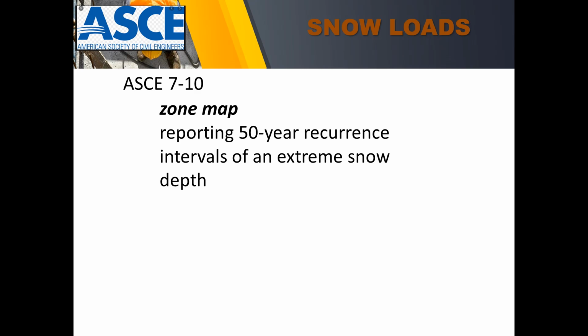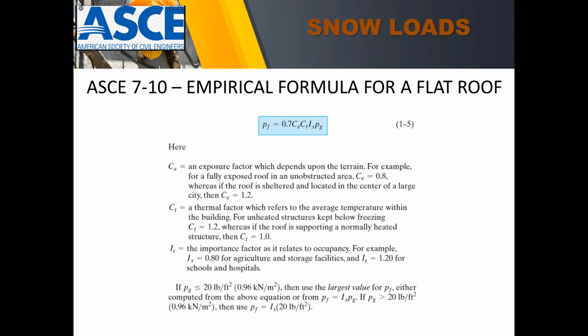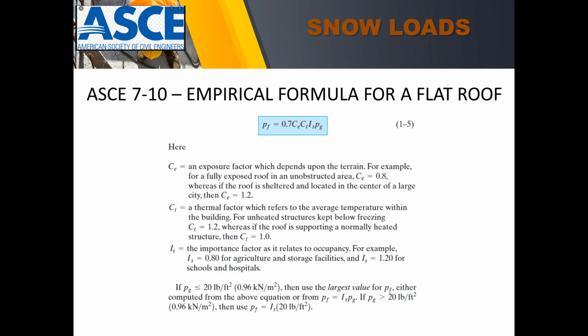Of course, just like the wind load and the earthquake load, snow loads also have zone maps, because there are different intensities. So just to flash it for your reference, for our consumption, it will be found in ASCE 7-10, the empirical formula for a flat roof considering the snow loads. Okay.